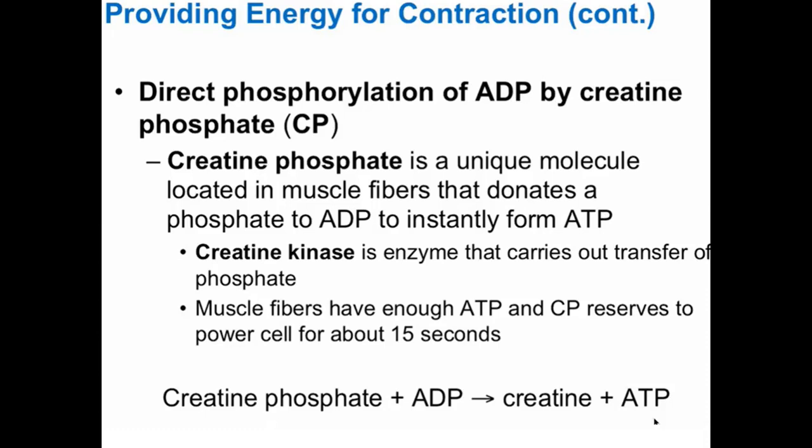By the presence of creatinine phosphate, you can prolong the period of contraction up to 15 seconds. So now you have raised the availability of ATP from 5 seconds to 15 seconds.